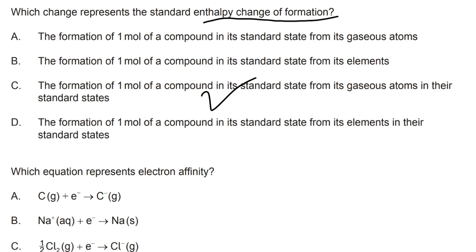I think gaseous might not be a component. I remember standard states being a major component of this standard enthalpy change of formation definition. So I'm gonna go with D for this one. It's gaseous, doesn't work. And one mole of compound in standard state from its elements. I think standard state is important as well there, so I'm gonna go with D.